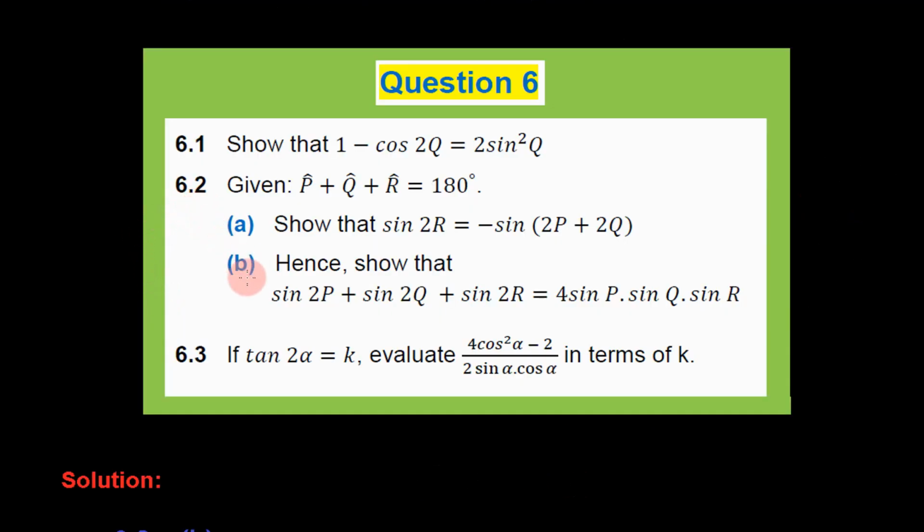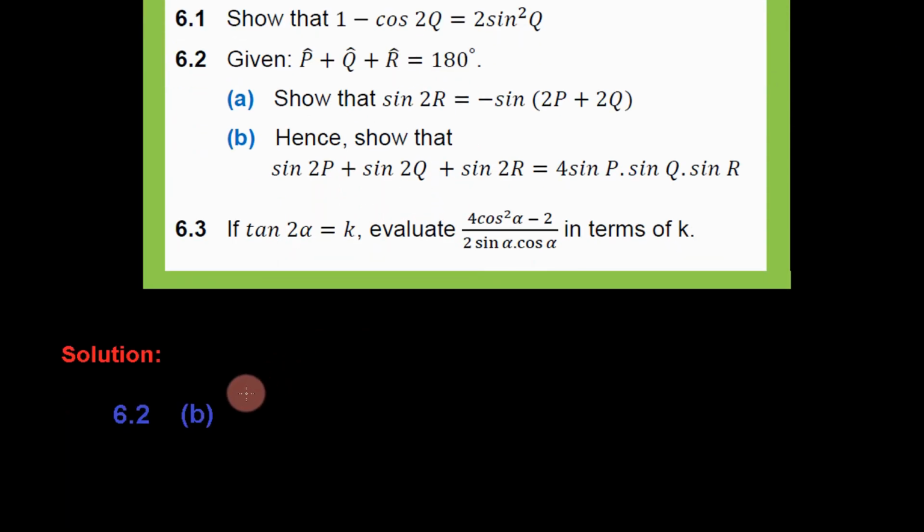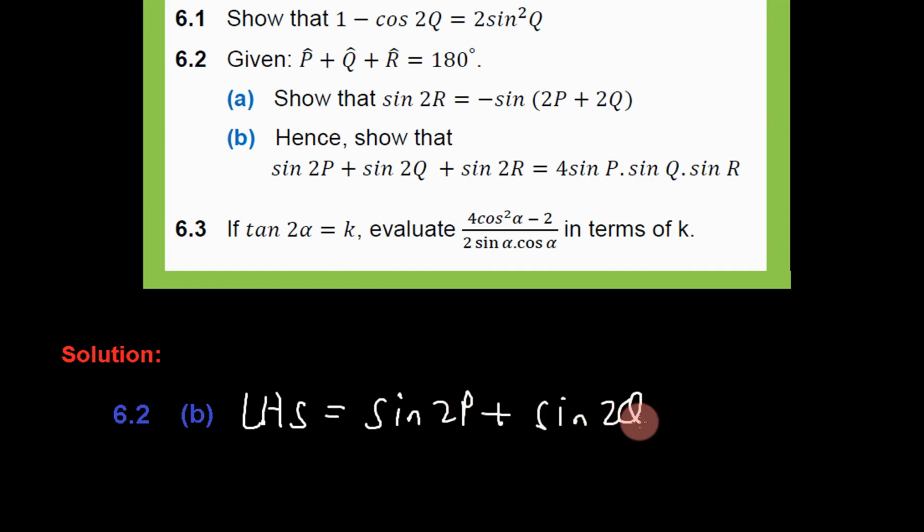Then in 6.2b, it says, hence, show that this equation is true. Now, the word hence tells us that we must use the previous result. So let's start by writing down the left-hand side of what we need to prove. So it's sine of 2p plus a sine of 2q plus a sine of 2r.